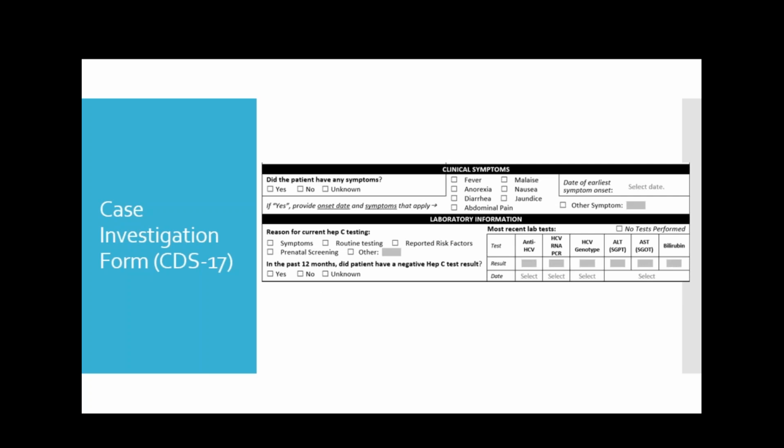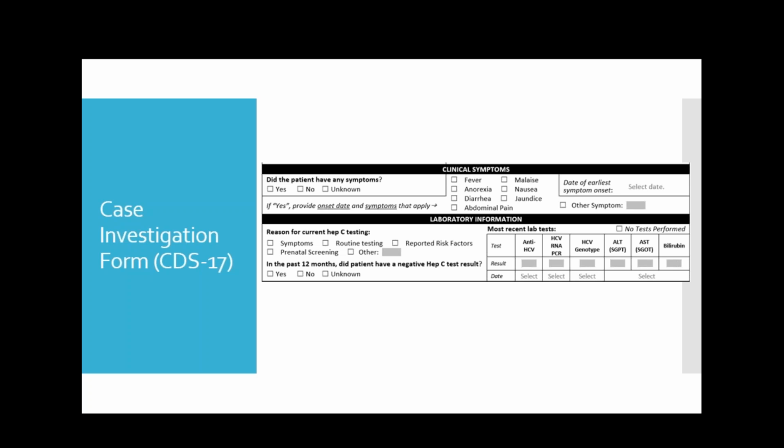And the second part of this form lists clinical symptoms and laboratory information. And I must add that this section is particularly important to identify acute HCV cases. So it asks for symptoms. Did the patient have symptoms? What was the onset date of symptoms?